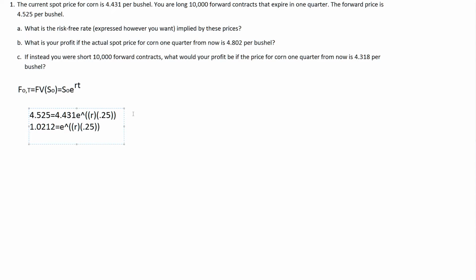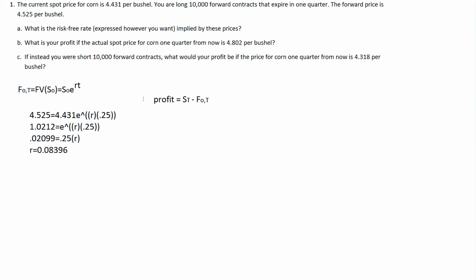The natural log of 1.0212 is 0.02099, and the natural log of an exponential just eliminates the e, which gives us 0.25 times r. Then divide both sides by 0.25, we get r is equal to 0.08396, and that's going to be the interest rate.